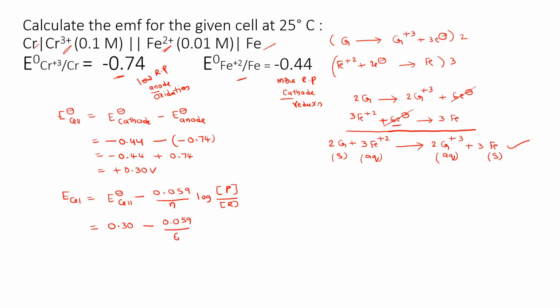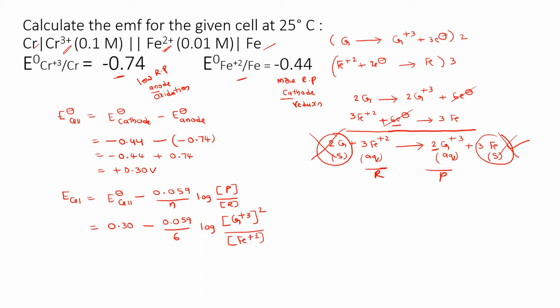Put 6 here. Log. What is the concentration of product? Here we are not considering this one, it is solid, no. Remove this one. This one also is solid, no. Only remaining is the reactant, this one, and the product. Product is nothing but chromium plus 3 concentration. How many moles are there? 2 moles. Take 2 as the power here, divided by the concentration of reactant, Fe plus 2. How many moles are there?